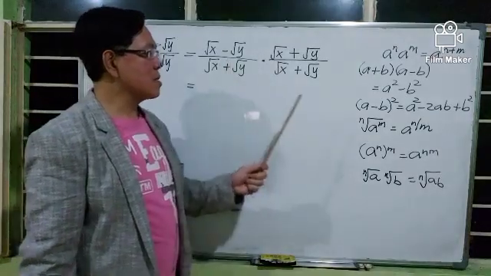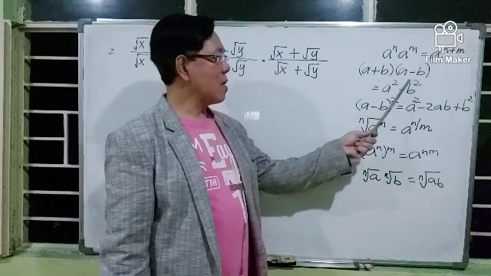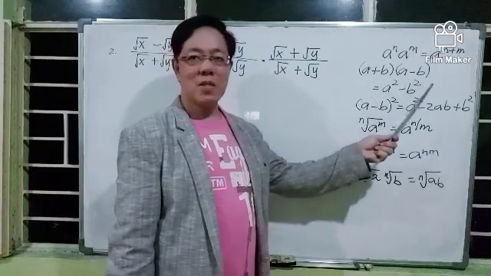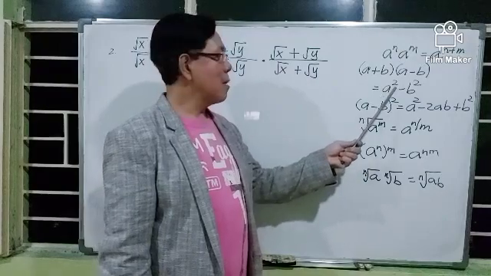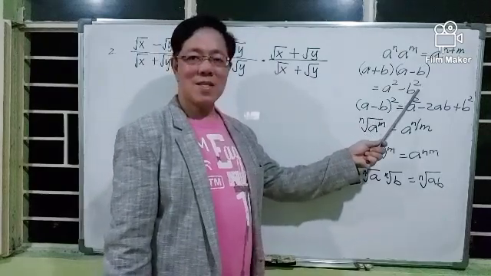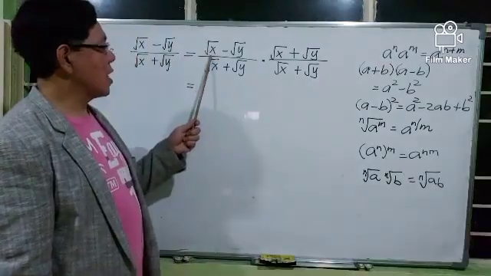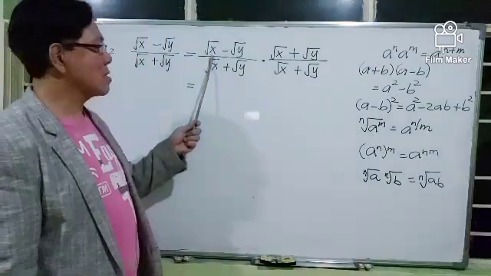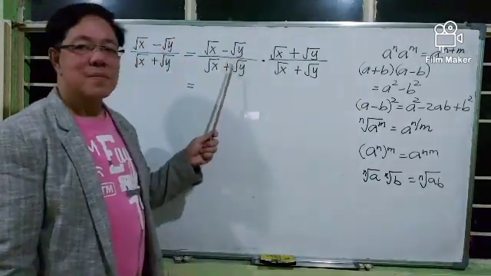Given by this rule, the product of a plus b and a minus b is equal to the square of the first term a minus the square of the second term b. In the numerator, our a is square root of x and our b is square root of y.